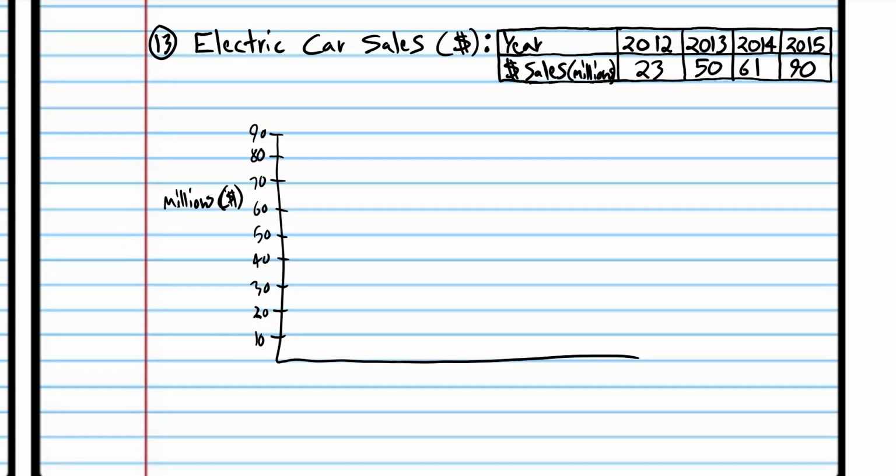And down here we have the years, 2012, 2013. So again, we have time on the horizontal axis. Whenever you have time, a line graph is usually the best graph to use.